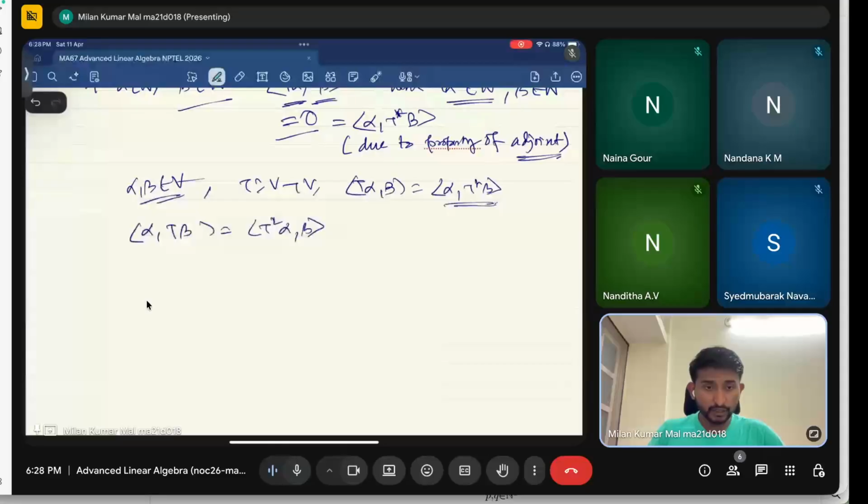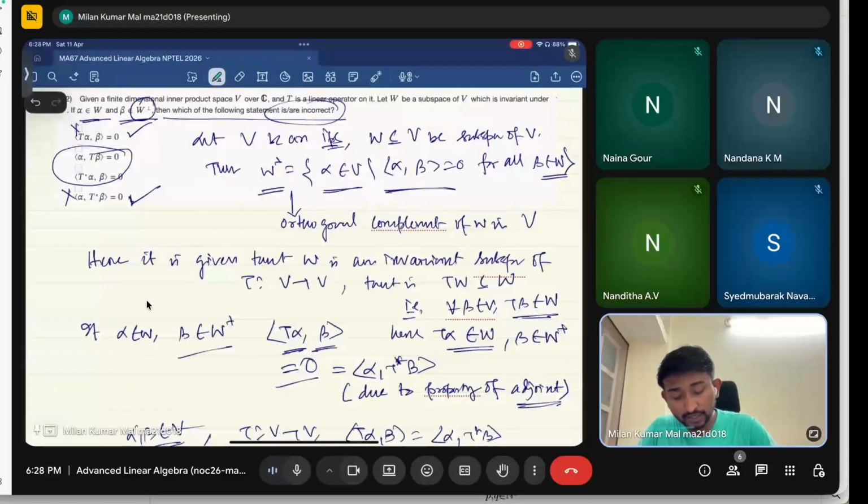This will be true always. So if one is 0, then the other has to be 0. That means these two options can't be the incorrect one. If one is true, the other will be true; if one is false, the other will be false. So as a statement they are incorrect, but as an option they are correct.